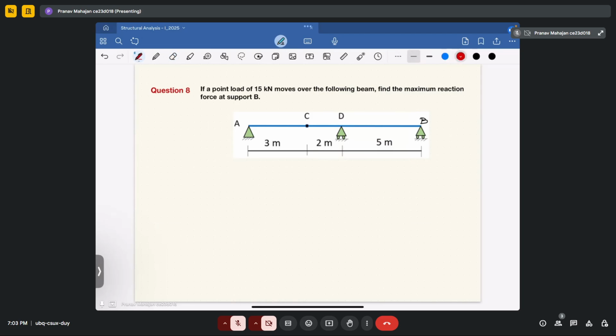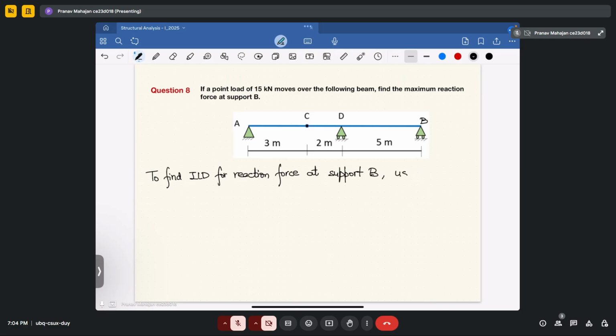So, let me write in words, then it will be easy for you to understand that. So, to find influence line diagram for reaction force at support B, what you will do?